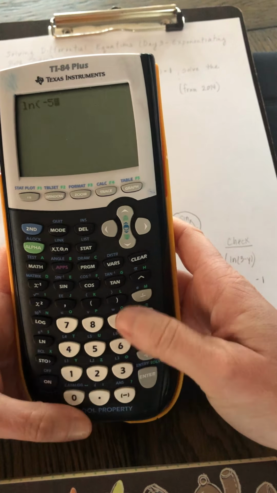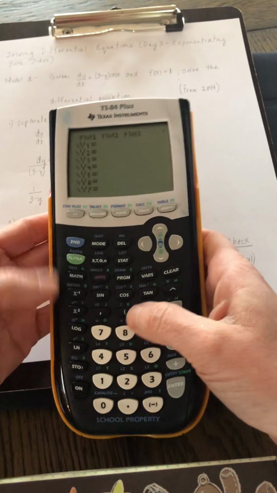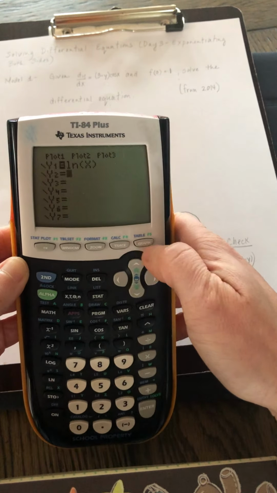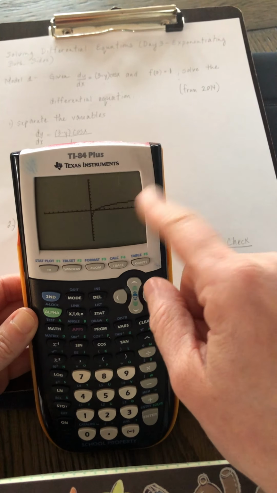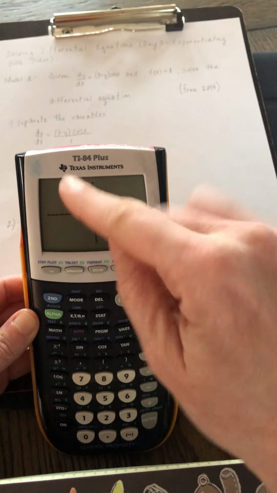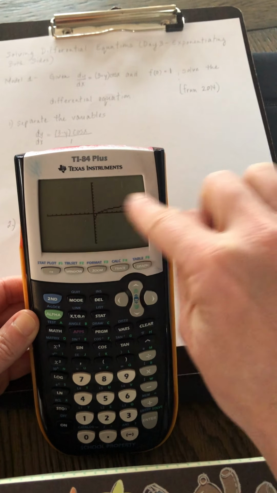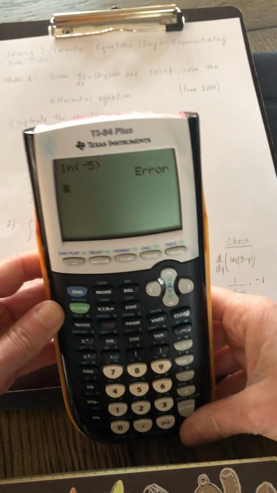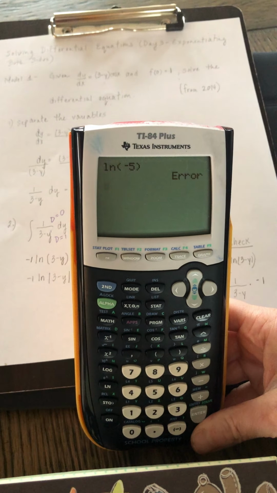And that's because the parent graph, if you think about it, has a vertical asymptote at y equals 0, and the domain values are positive, right? So that's why your calculator is saying something like ln of -5 is an error.